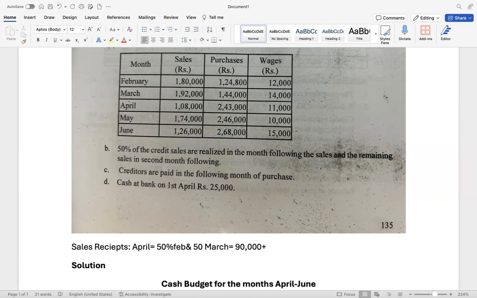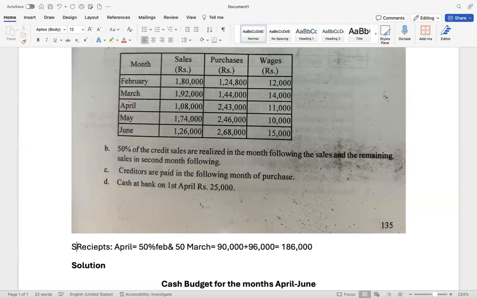The 50% of that is 96,000, right? So the total comes to 1,86,000. So this is the receipt.